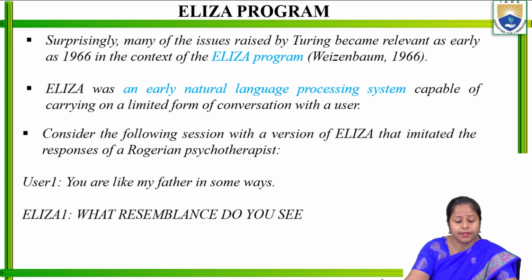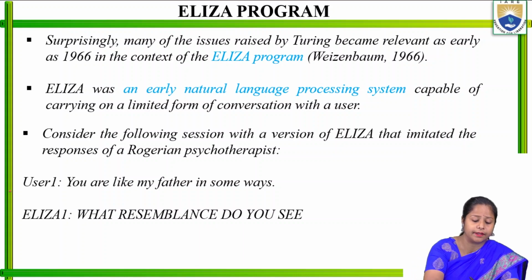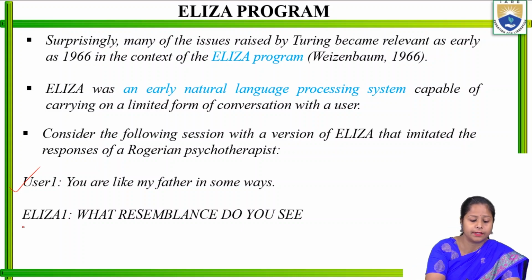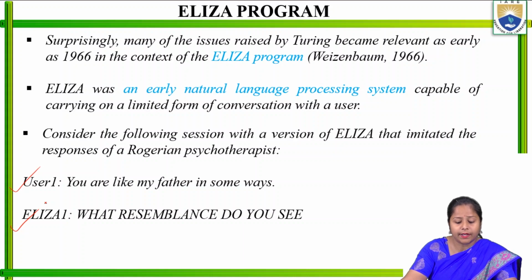Suppose the first user asked: you are like my father in some ways. The ELIZA machine, kept like a desktop computer at reception, gave its interpretation: what resemblance do you see?